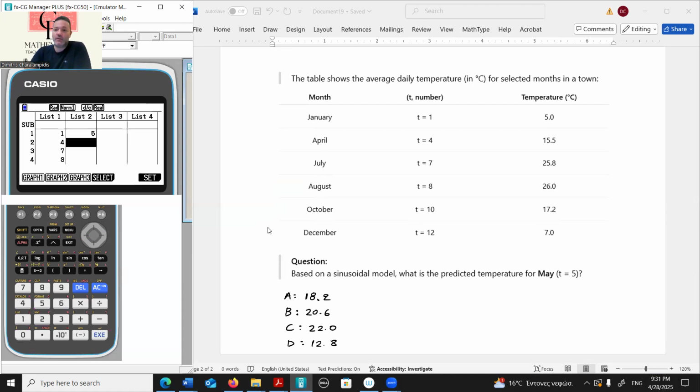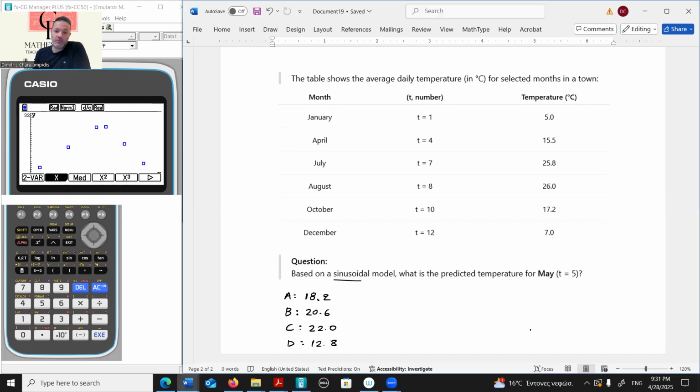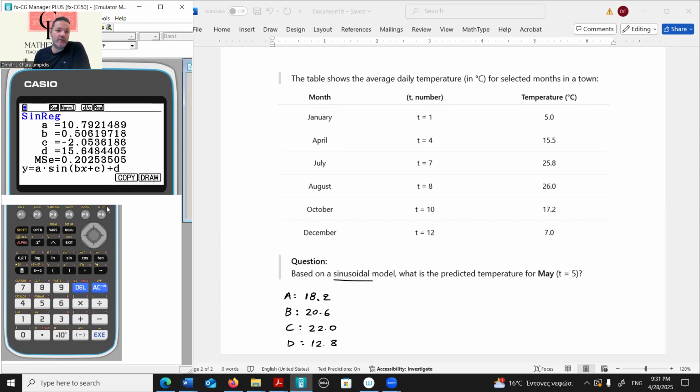And then the corresponding y values, 15.5, 25.8, 26, 17.2, and 7. Again, F1 graph 1, and then calc. We need here a sinusoidal model. So F6 for more options, it's this, the sine. F5, draw, and there it is.